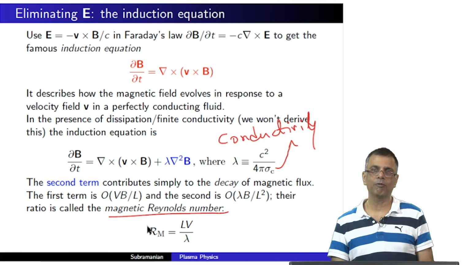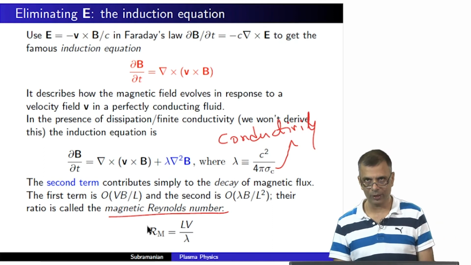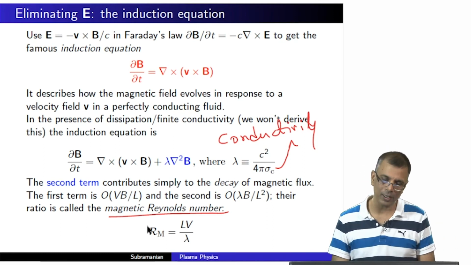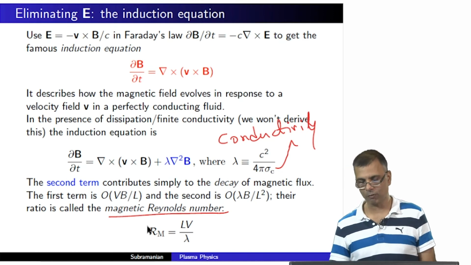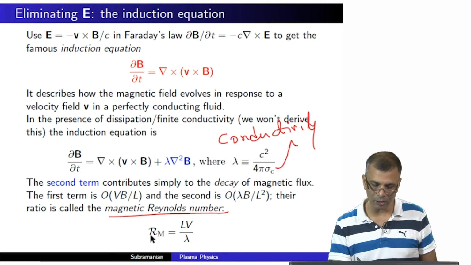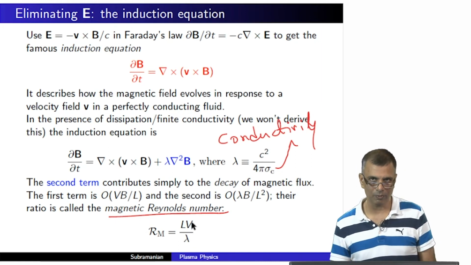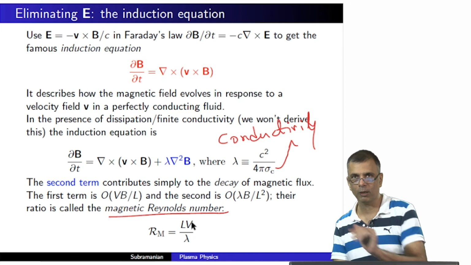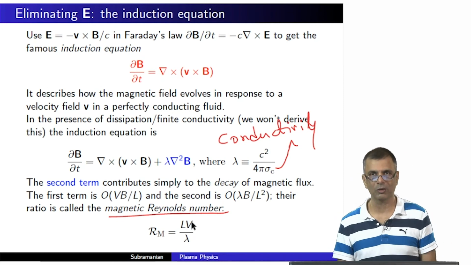And for a highly resistive fluid, where the conductivity is small and therefore lambda is large, the magnetic Reynolds number conversely is small. So, infinite conductivity, infinite magnetic Reynolds number, that is how it goes.